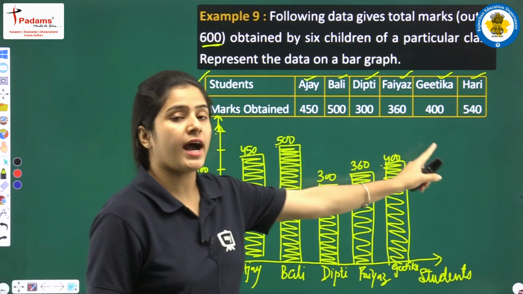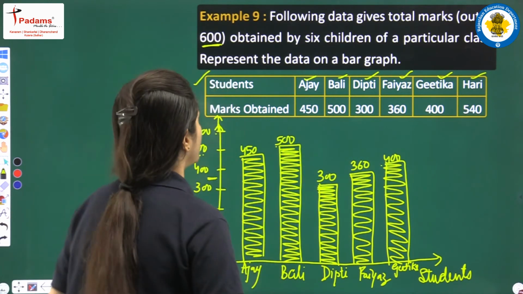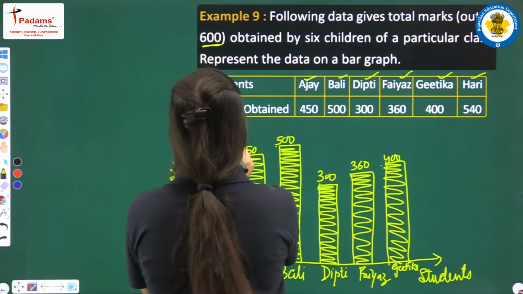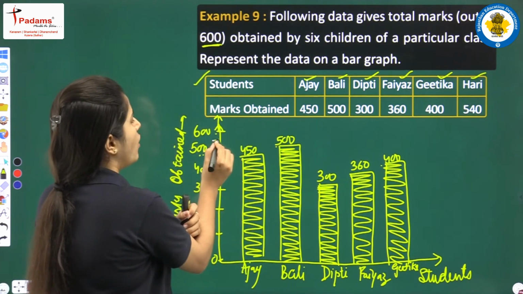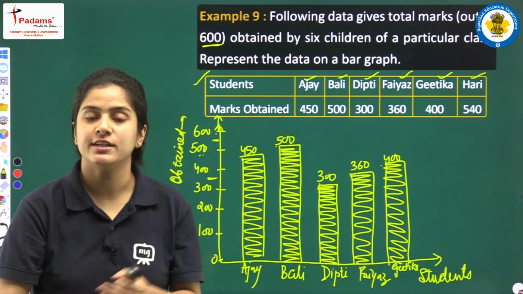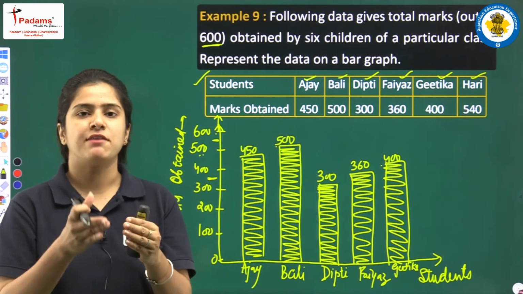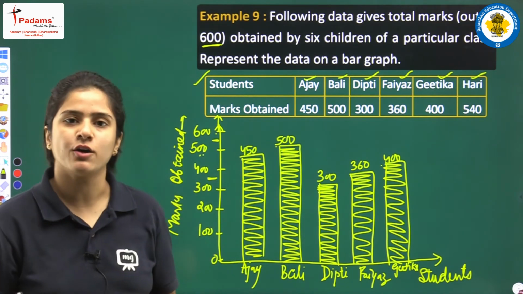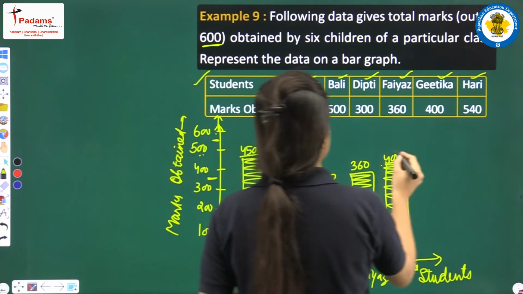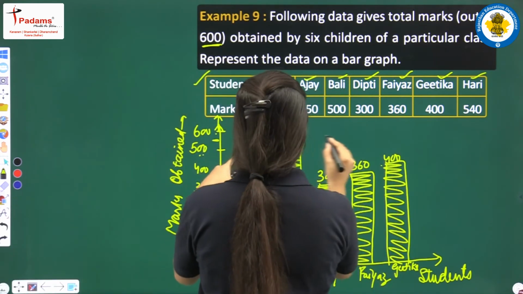Hari is getting 540 marks. So 540 is lying somewhere below the mid value of 500 to 600, because the mid value of 500 to 600 is 550 and 540 is somewhere lesser than 550. So it will be like here only.